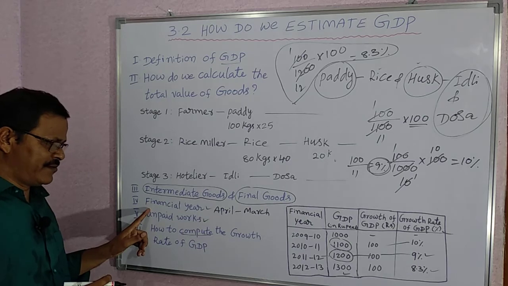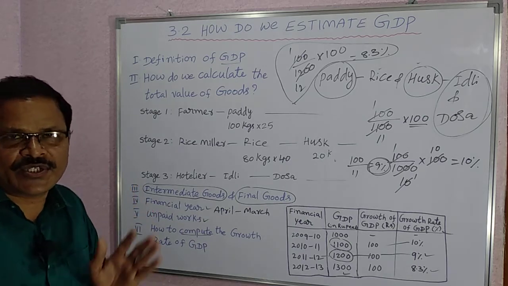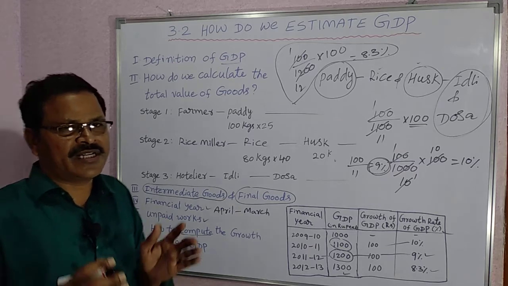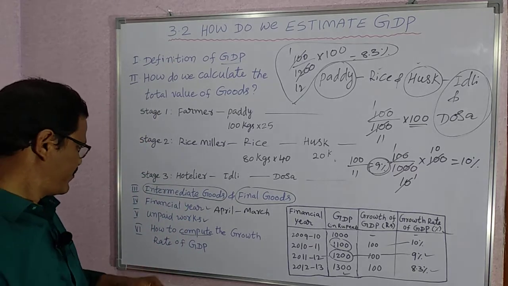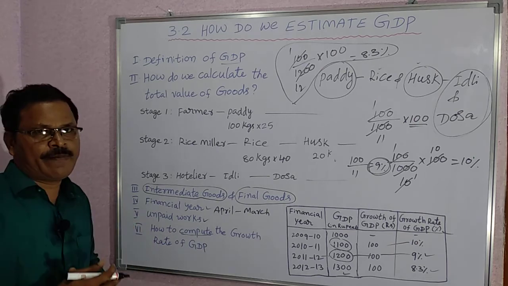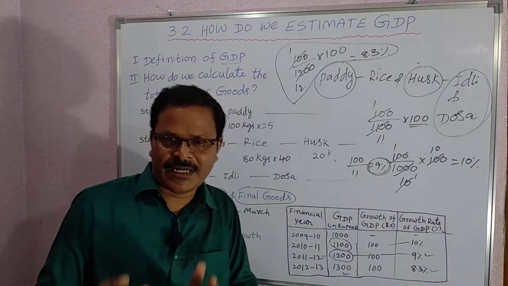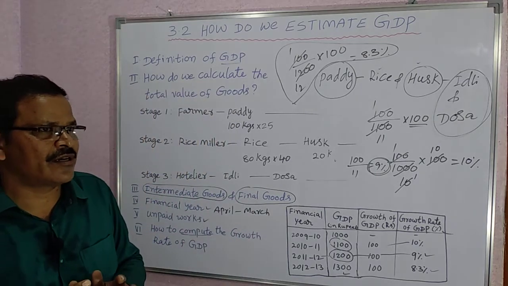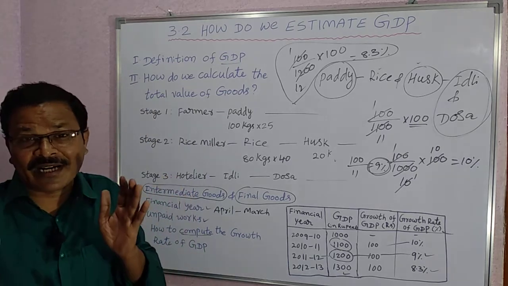Next, financial year. Every economy in the world follows a financial year. The financial year starts in April and ends in March. Unpaid works: GDP records the total value of goods and services produced in the market only, at market value only.